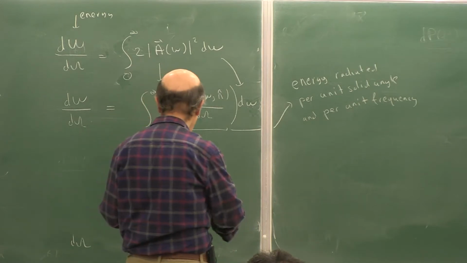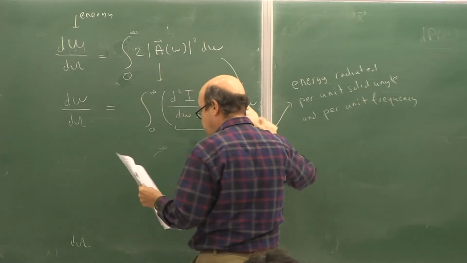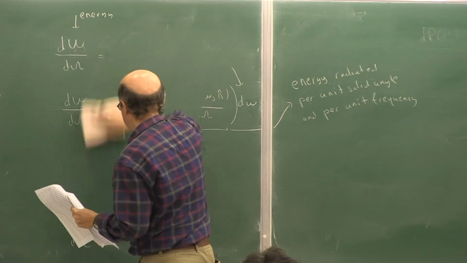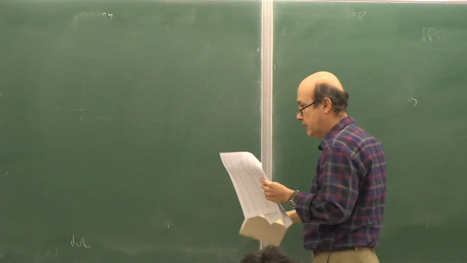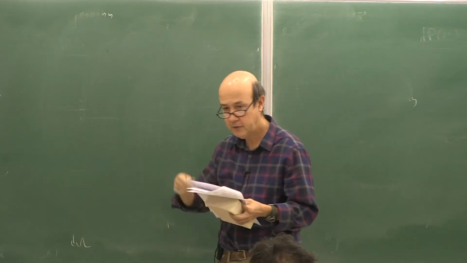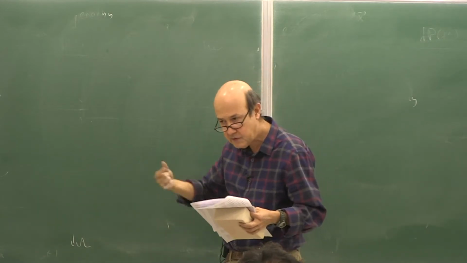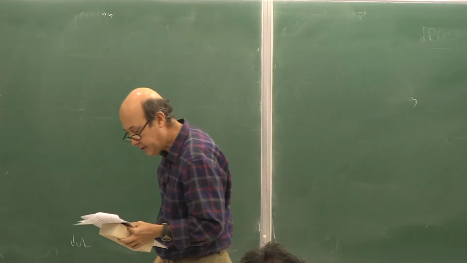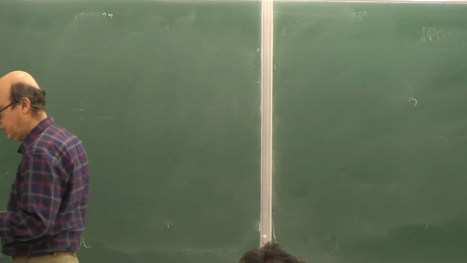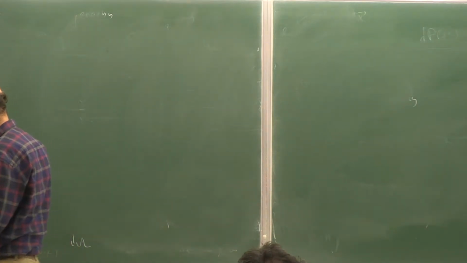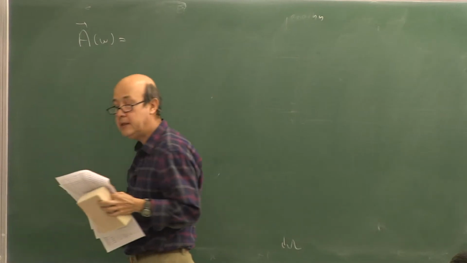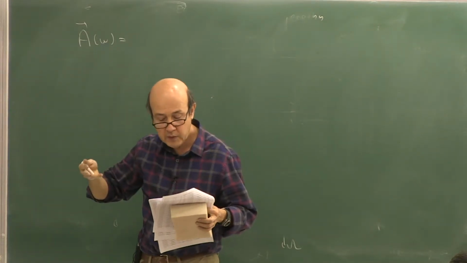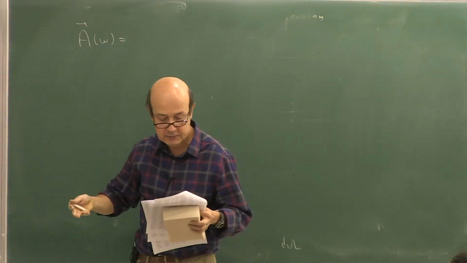But I want to do a little bit more work before discussing the physical processes. I will discuss the physical processes next week. Now let me continue with the calculation of the A of omega for the fields of the moving and accelerated charge.